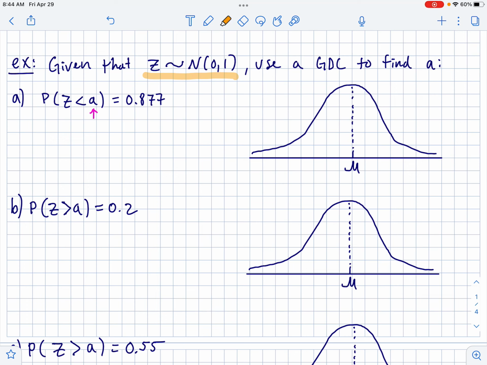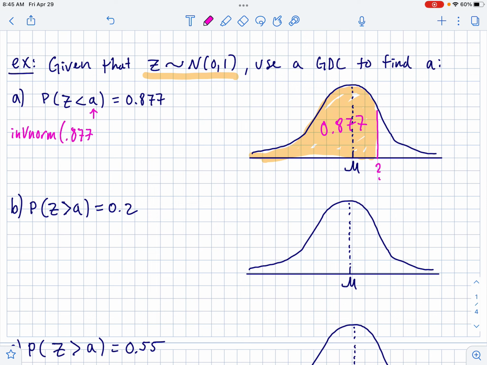So just a visual of what that looks like is that there's some point over here that we don't know, where the area up to that spot on the line is 0.877.